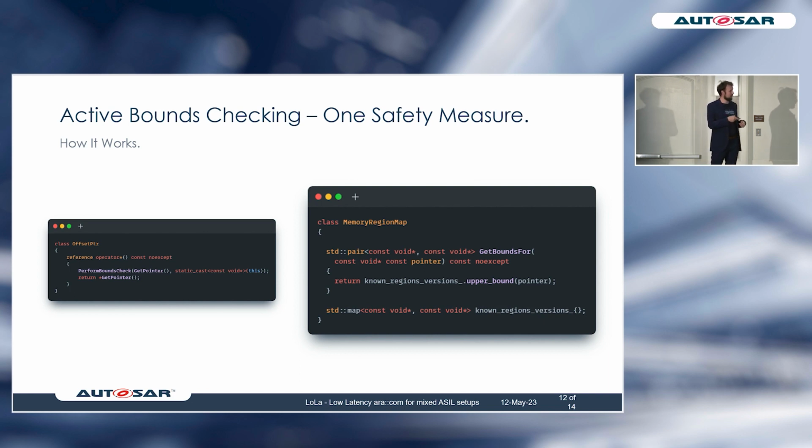So how can this look? It could look like we go in here, we check if it is in the range, and if we found something, it is good. And if we don't find it, then we have an issue. Of course, that's not fail-operational, but that's also not what we need right now. We will go into a safe state if that happens. And for us, that means crashing.